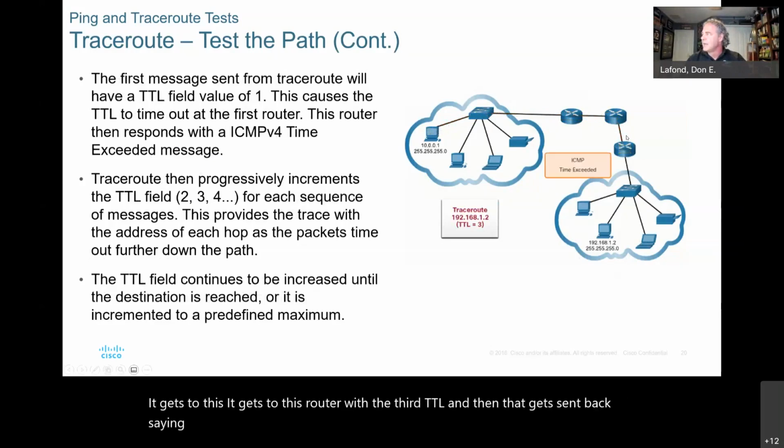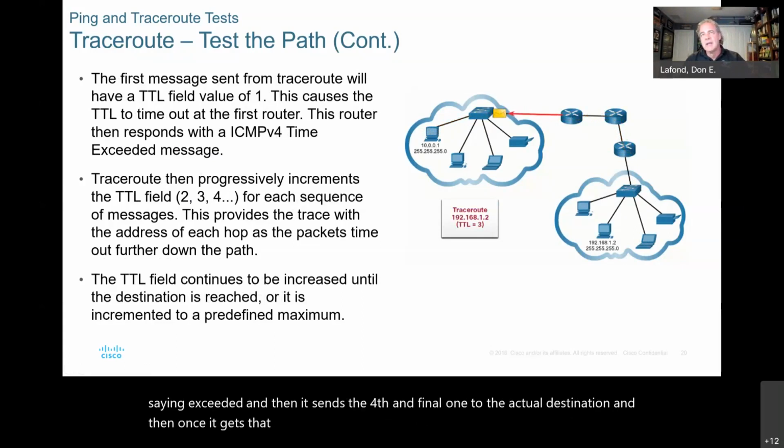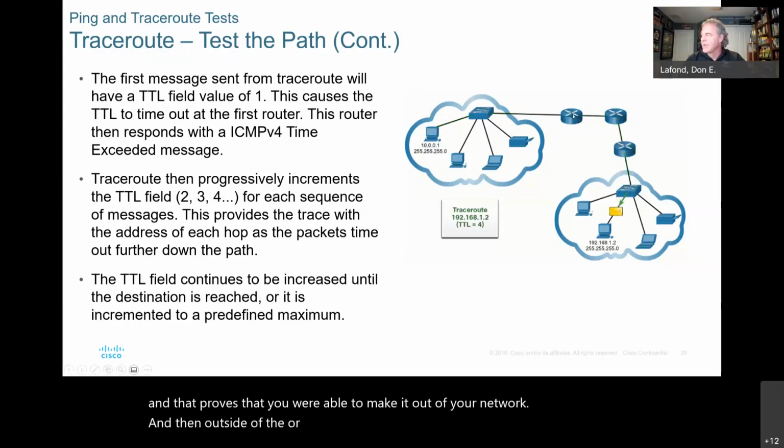And then it sends the fourth and final one to the actual destination. And then once it gets to that destination, now you know you've made it to the device, and that proves that you were able to make it out of your network and then outside of your router, your default gateway router, and then out on the network.